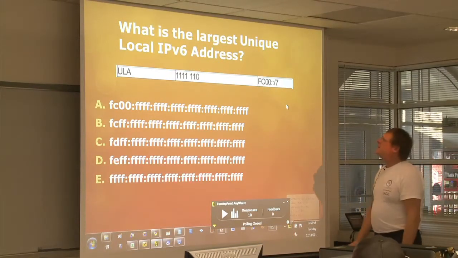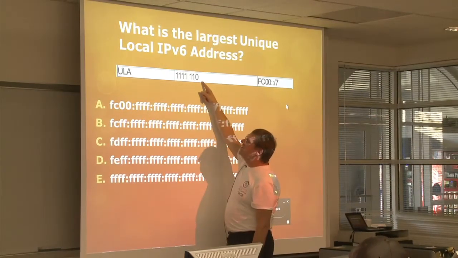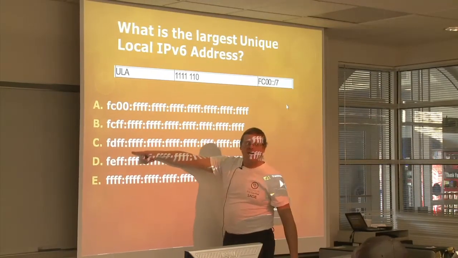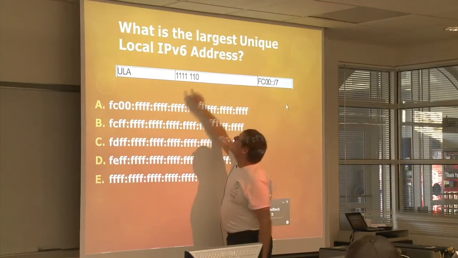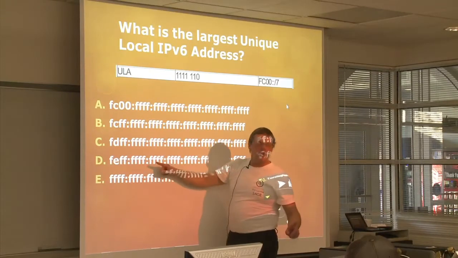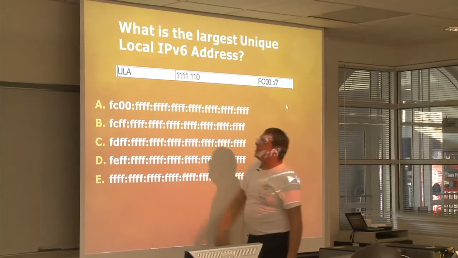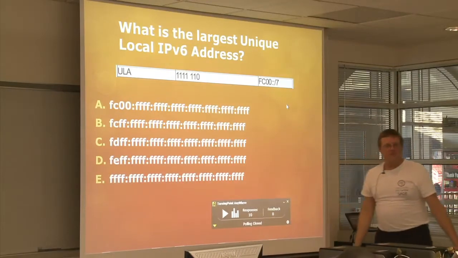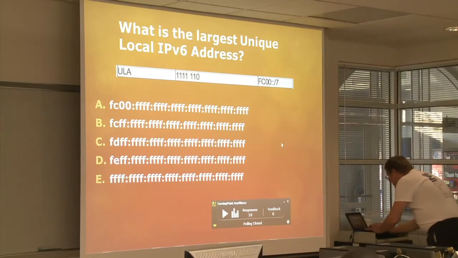FD, because there's only 1 bit, so D is 1101. So I like FDFF. FEFF, E is 1100, right? So, no, E is 1110. 1110, and so it doesn't fit the pattern. But D is the largest one that fits the pattern. Okay? Anybody got comments or complaints or anything, let me know.